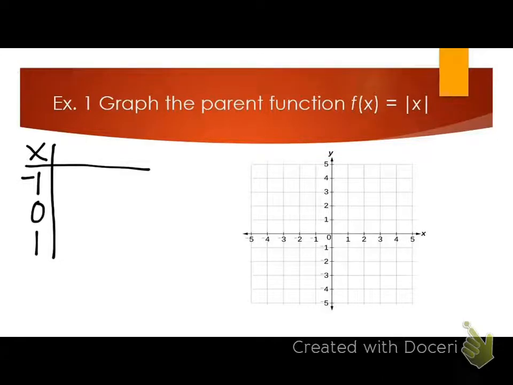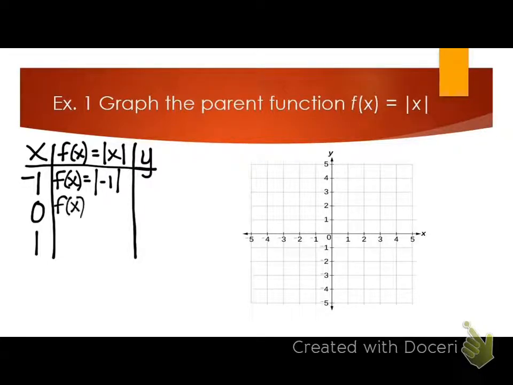All right, our parent function is f of x is equal to the absolute value of x. So we're going to plug those values into that function, and of course, we're going to get our y values. So f of x is equal to the absolute value of -1. f of x is equal to the absolute value of 0. And f of x is equal to the absolute value of 1.